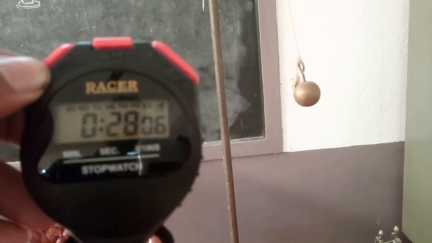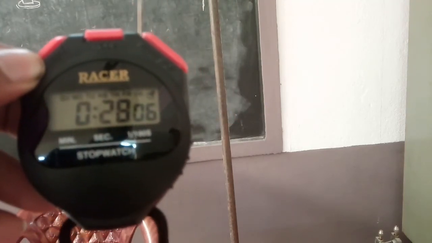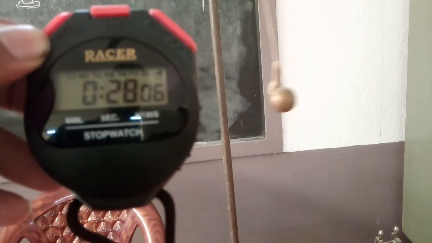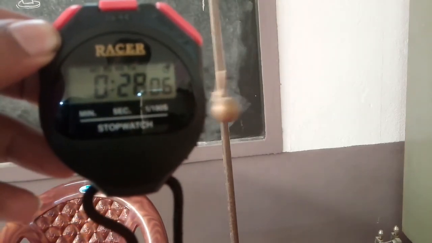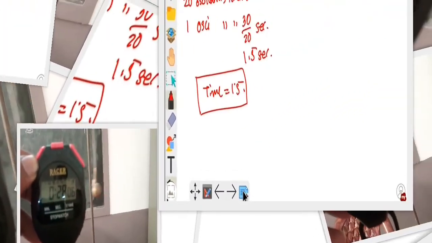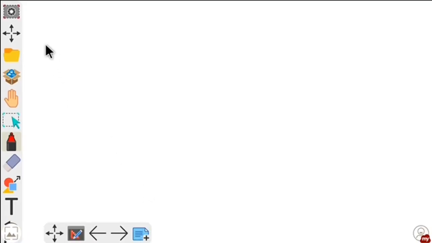Okay. Now if we divide 28 by 20, we get the time period of this pendulum. Let's calculate the time period. Now in this activity we have seen that 20 oscillations take 28 seconds.